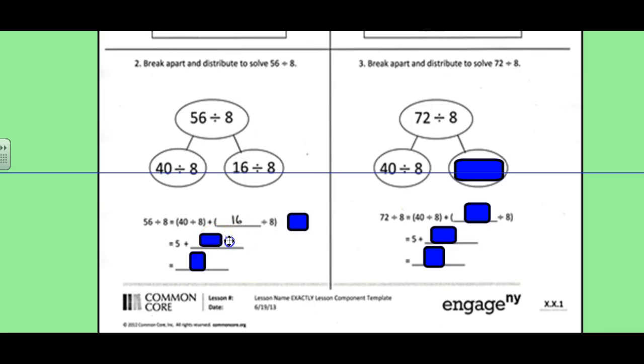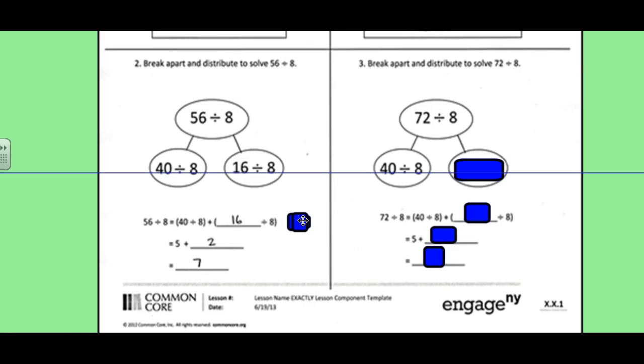And I know that 8 times 2 is 16, so right here in this blank, I'm going to have 2. So to figure out the actual answer for 56 divided by 8, all I have to do is add 5 and 2 together, and that's going to give me my answer. So go ahead and do that on your paper. And I know that 5 plus 2 is 7.